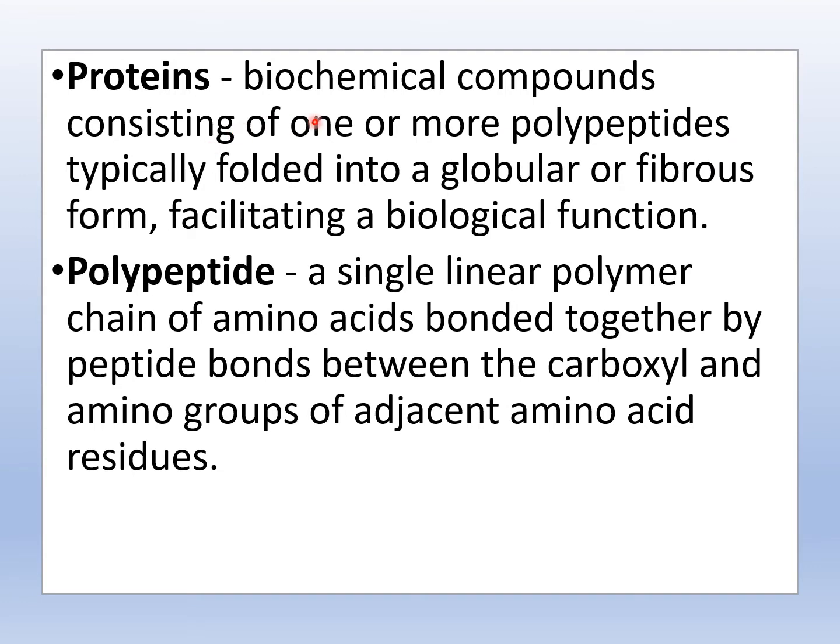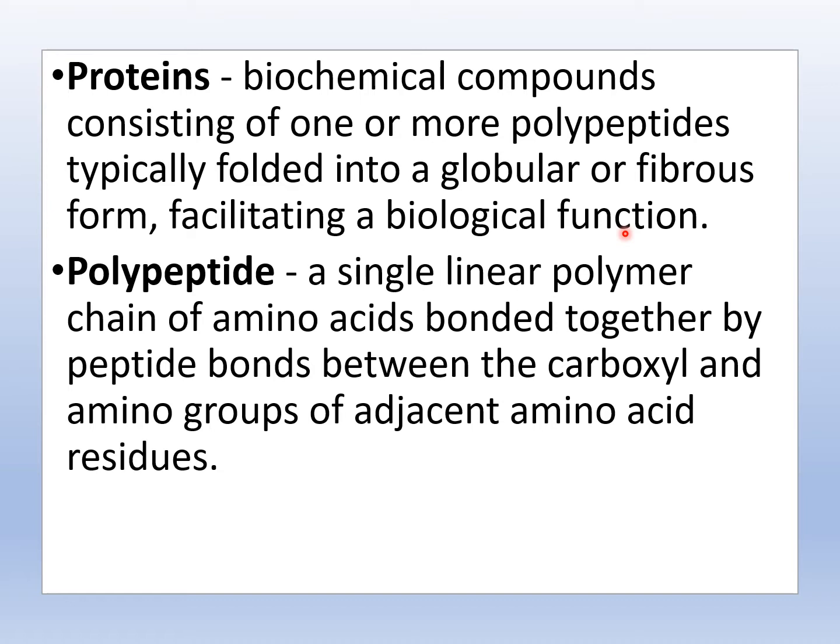So proteins are biochemical compounds consisting of one or more polypeptides, typically folded into a globular or fibrous form, facilitating a biological function. So when we say proteins, globular proteins or fibrous proteins, these are actually classifications of proteins based on their shape.